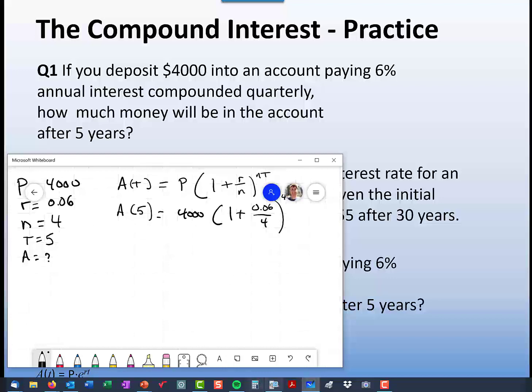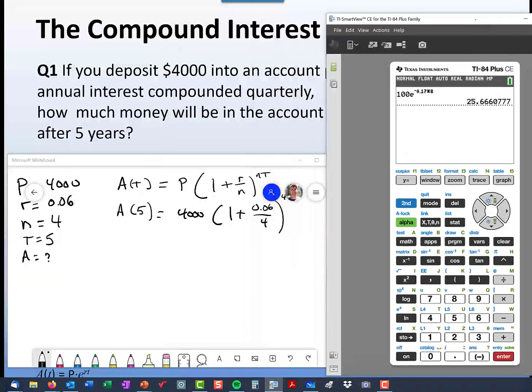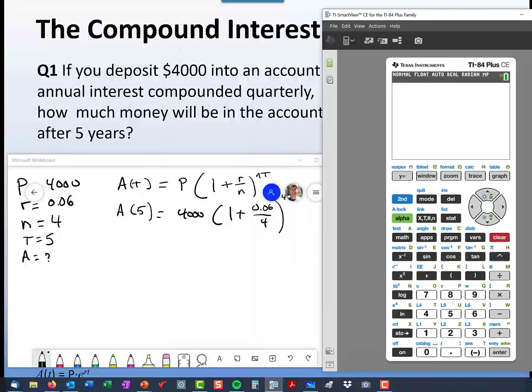Let's grab the calculator and find out how much that money turns out to. So at this stage, the rest of this problem is 100% calculator work. So once you got the formula in front of you, you just plug in.